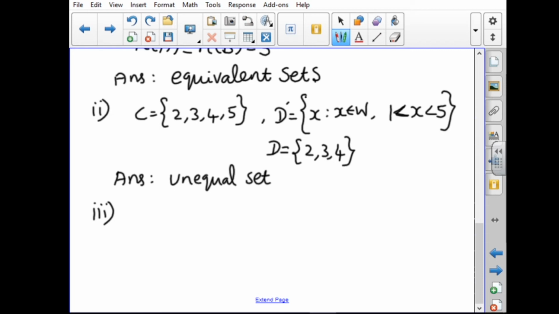Then the third one: capital X is equal to the set of x such that x is a letter in the word life.